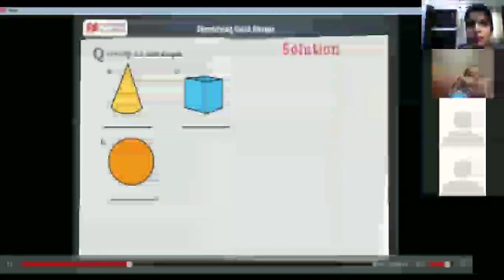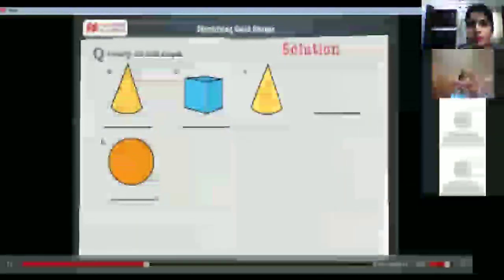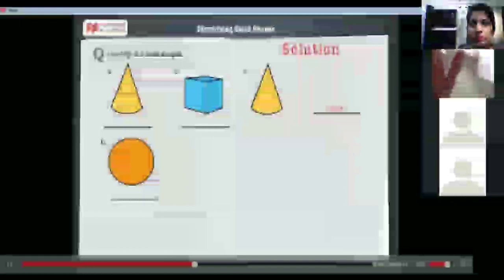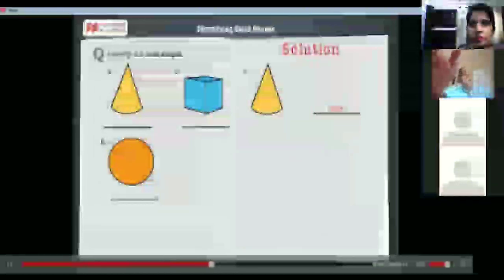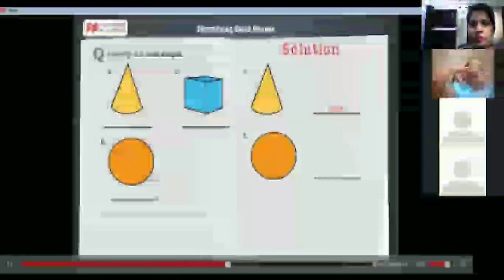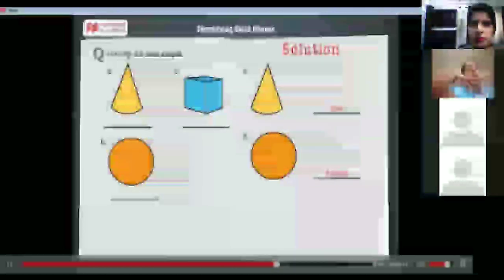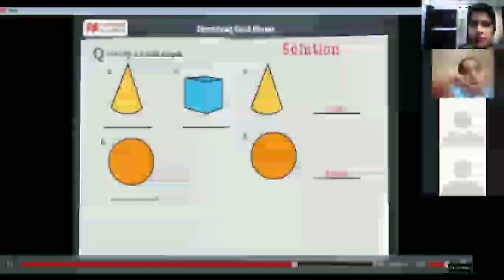Let's identify the first shape. This shape has the properties of cone. Hence, it is a cone shape. Let's identify the next shape. This shape has the properties of a sphere. Hence, it is a sphere shape. Finally, let's identify the last shape.